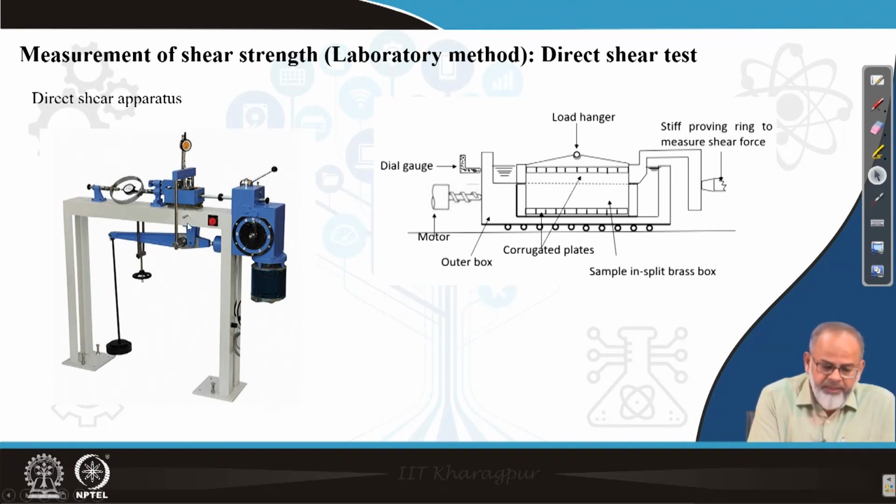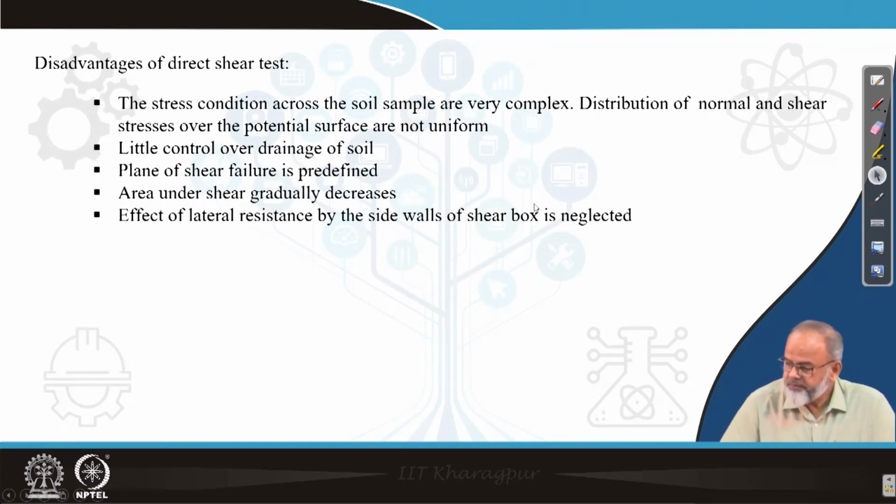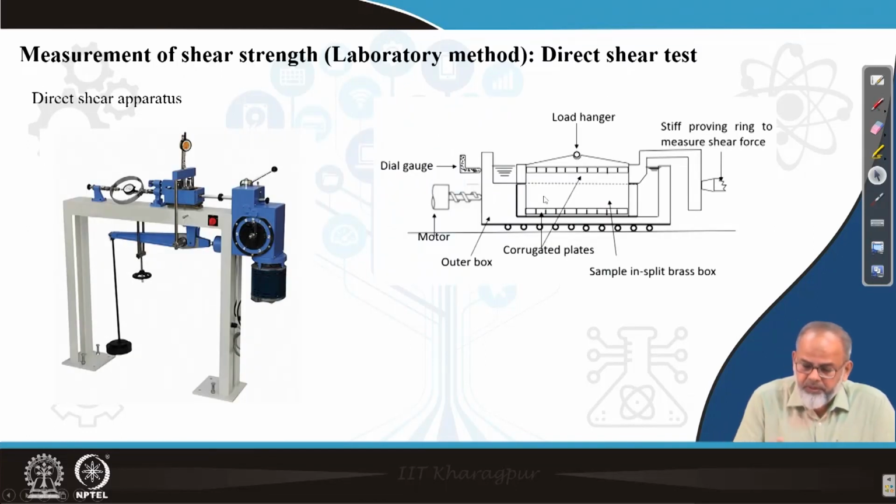So basically the shear box is shown in the figure on the right side. It comprises two equal halves, and then the soil is to be put in initially. You have to keep these two halves intact, so you have to put some pins so that the box is not displaced.